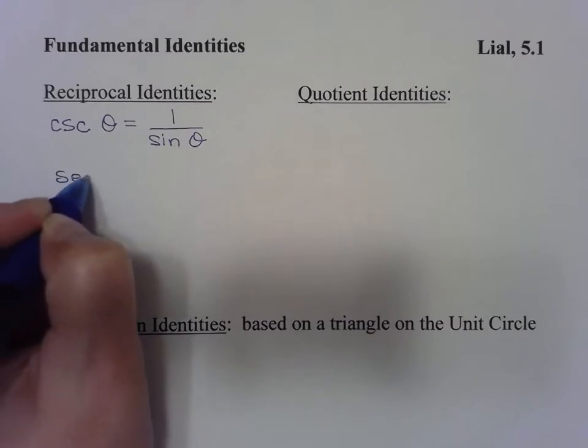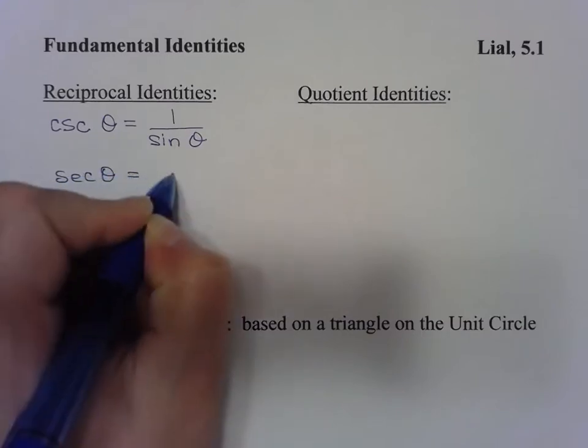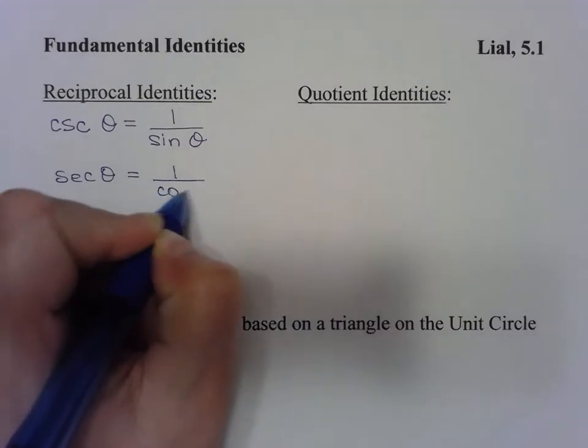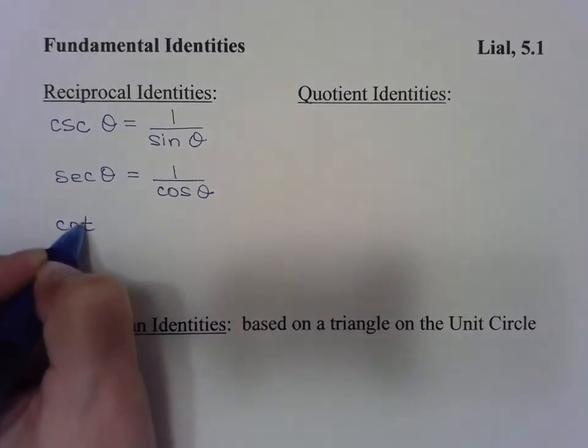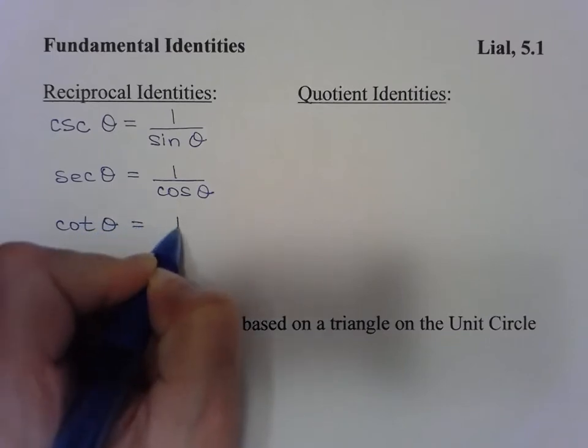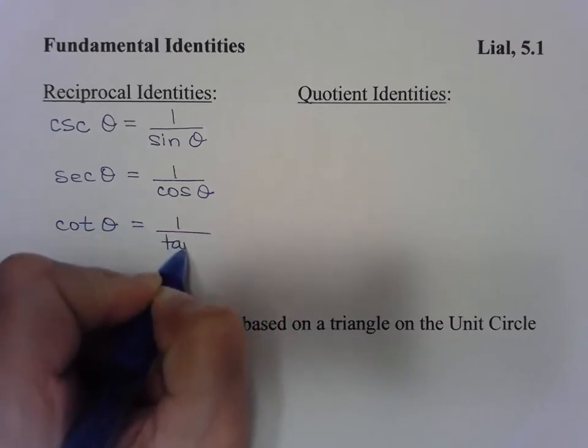The secant, we know that's 1 over the cosine, and the cotangent is 1 over the tangent.